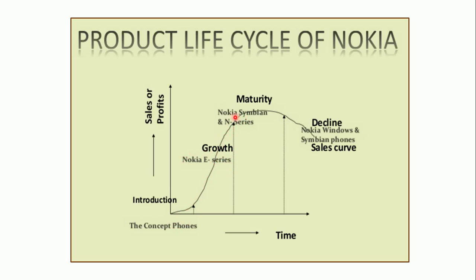Then we take the decision to start smartphones like Nokia Symbian or N series mobile phones in the maturity stage. And last, Nokia Windows comes under the decline, and now Nokia has washed out or withdrawn the Nokia Windows phones and Symbian phones from the markets. These are the short life cycles of the Nokia phones.